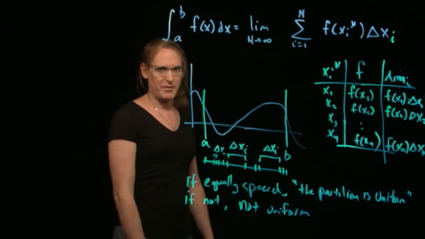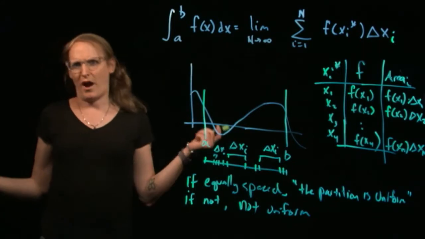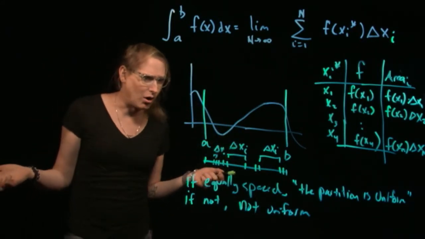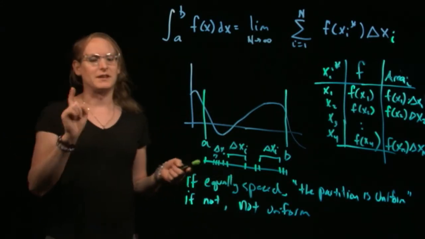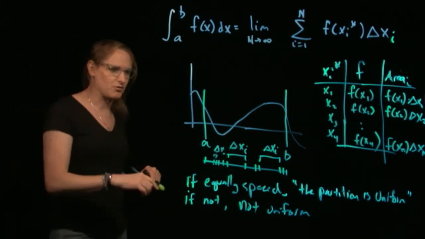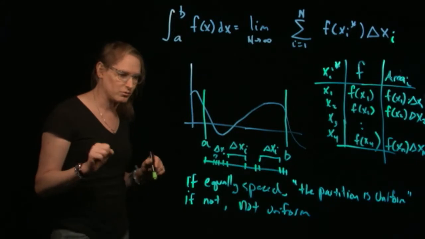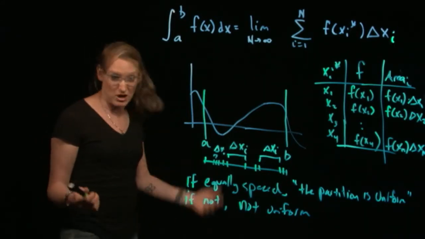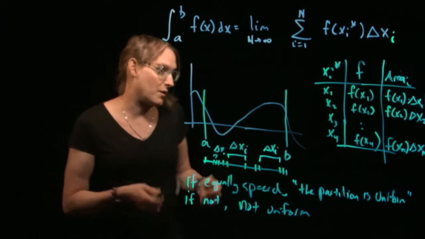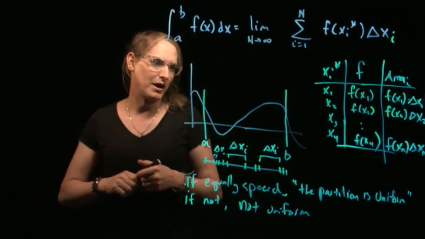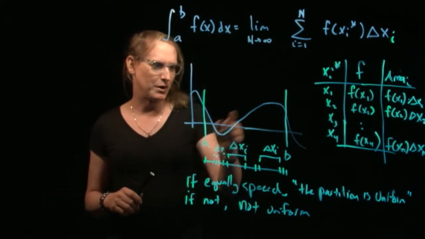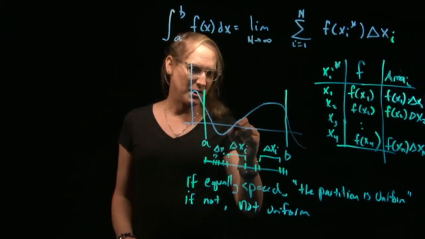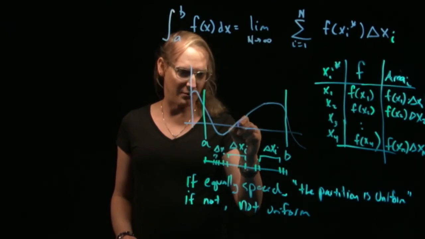One question that you might be asking yourself is, why not just make the partition uniform? Why even play this game at all? The reason is that rectangles are not what are typically used in computers. We actually tend to use trapezoids or some other method to do this. And the way that I'm going to break up this interval is I'm going to approximate it with, say, trapezoids.